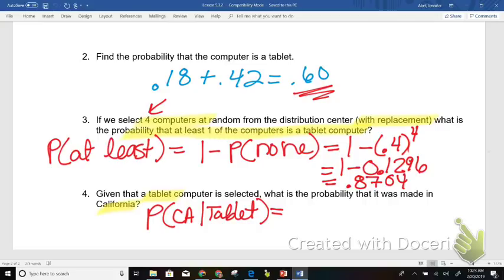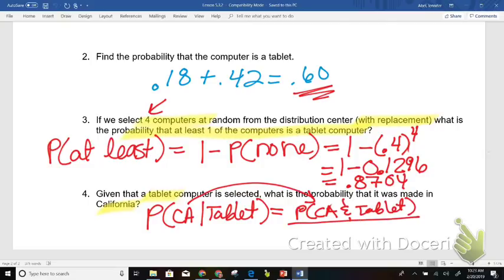This is a new formula, and we want to take the probability that it was made in California, and it is a tablet, and then divide that by the probability that it is a tablet.